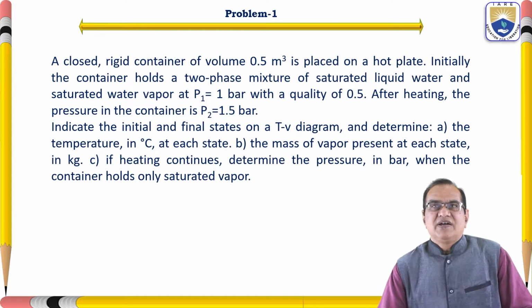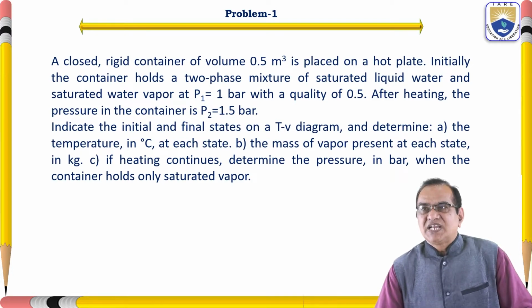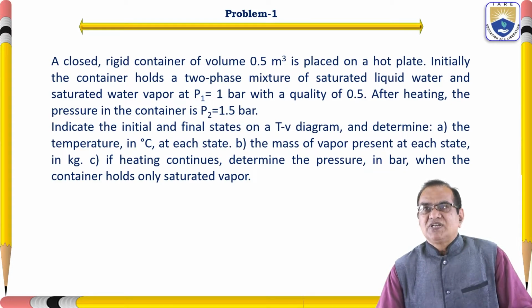Initially, the container holds a two-phase mixture of saturated liquid water and saturated water vapor at P1 equal to 1 bar with quality of 0.5. After heating, the pressure in the container is P2 equal to 1.5 bar.